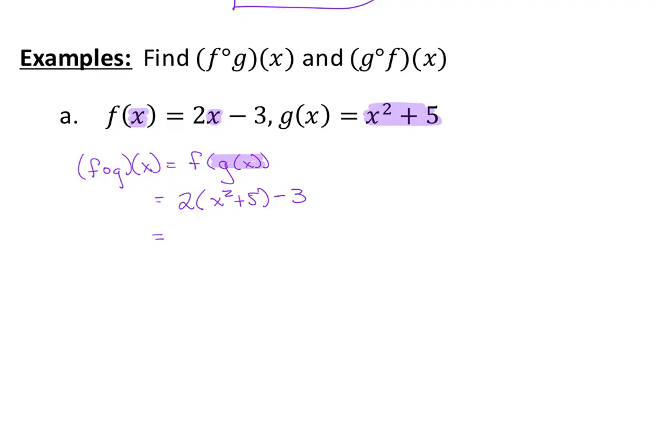If we simplify this, we get 2x squared, we're going to distribute, plus 10 minus 3. And when we combine our like terms, this becomes 2x squared plus 7.